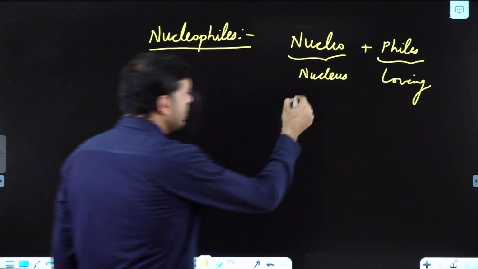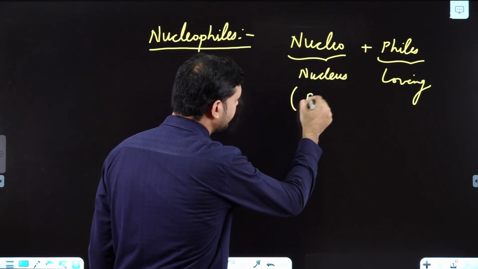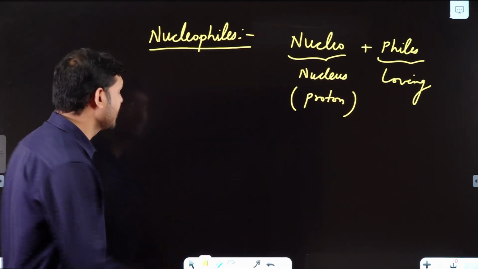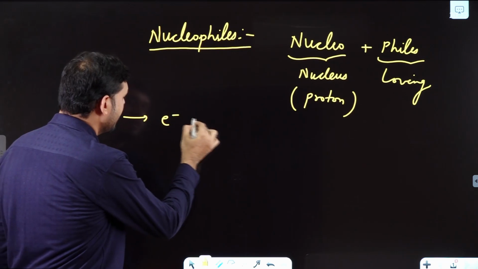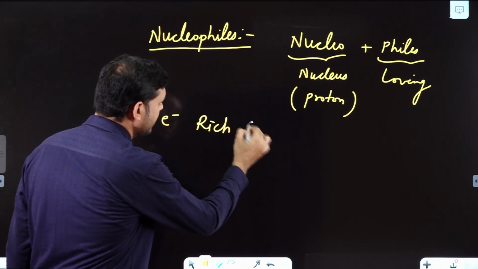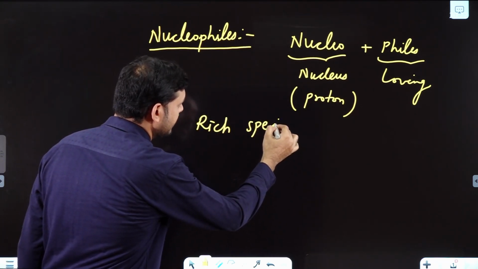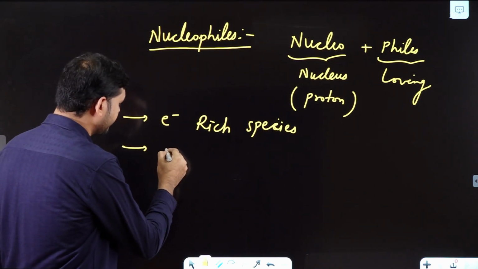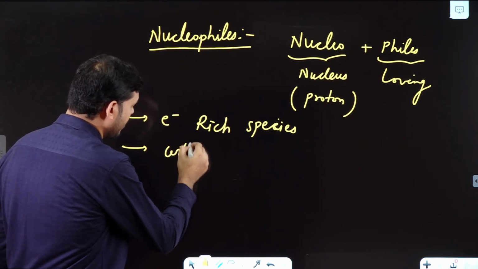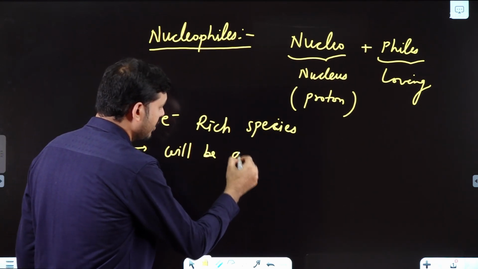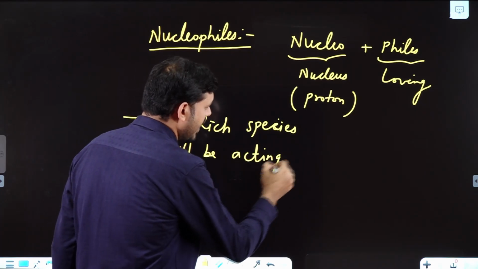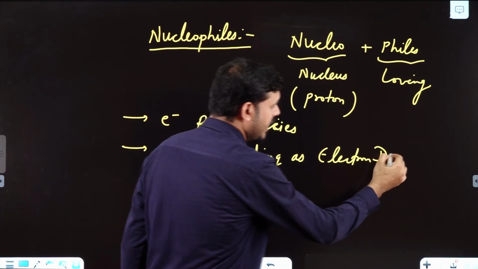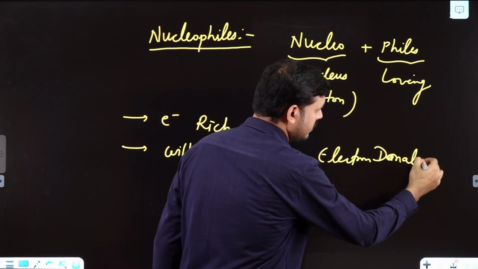Okay, so nucleus, that is proton loving, you can say. So we can say nucleophiles are electron rich species, right? They will be acting as electron donating groups, EDG.